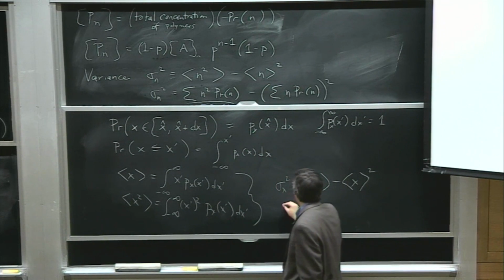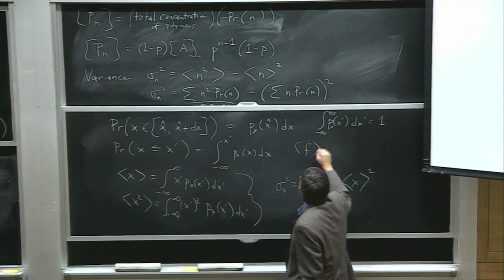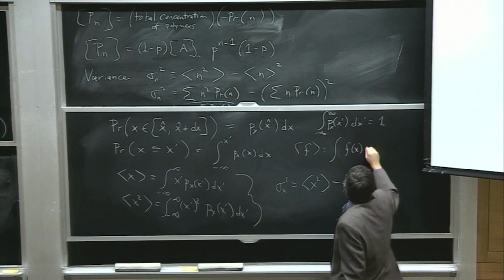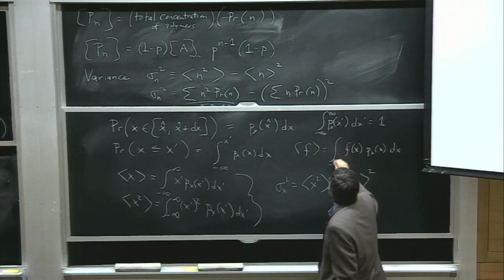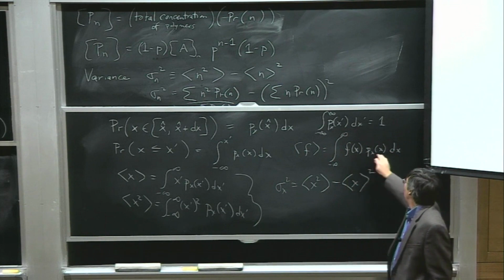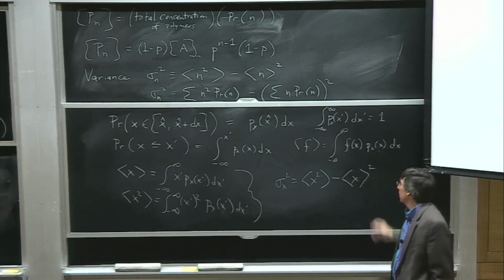So you can say that the average value of a function is equal to the integral of f of x p_x of x dx. This is an average value of a function of a random variable described by a probability density function p of x.